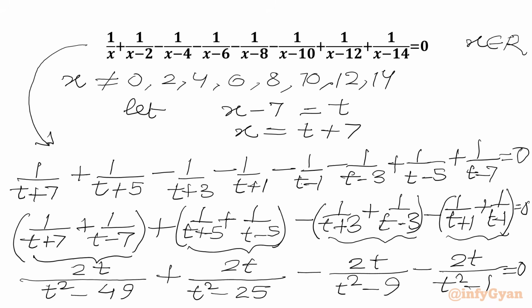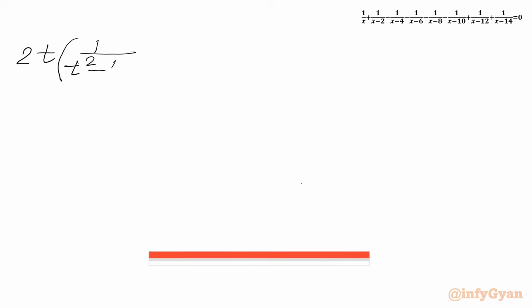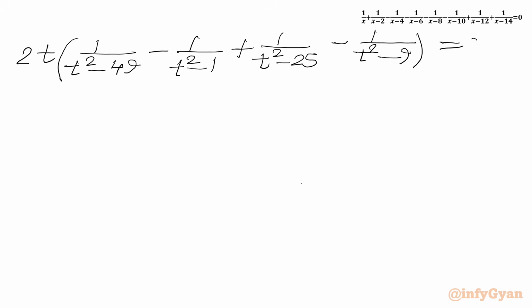Now 2t is common from the numerator. We'll take 2t common out. In the bracket we'll write 1 over t square minus 49, then minus 1 over t square minus 1, then plus 1 over t square minus 25, then minus 1 over t square minus 9 equal to 0.